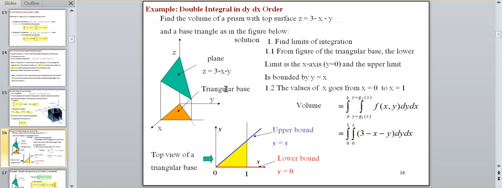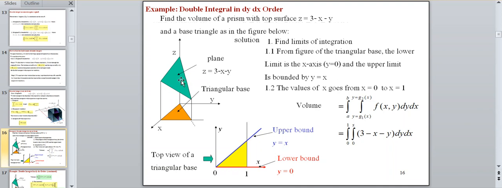Look here. We want to calculate the volume of the prism with top surface z equals 3 minus x minus y, which is actually a plane, with this triangular base. So this is our solid. We want to calculate the volume. The base is this triangle, and the top surface is a portion of this plane.